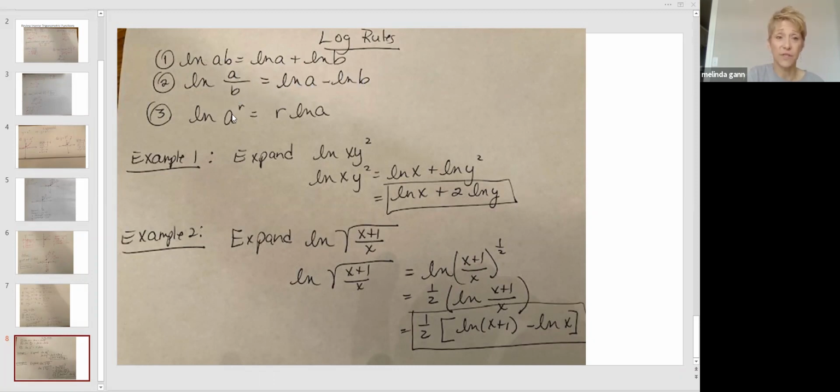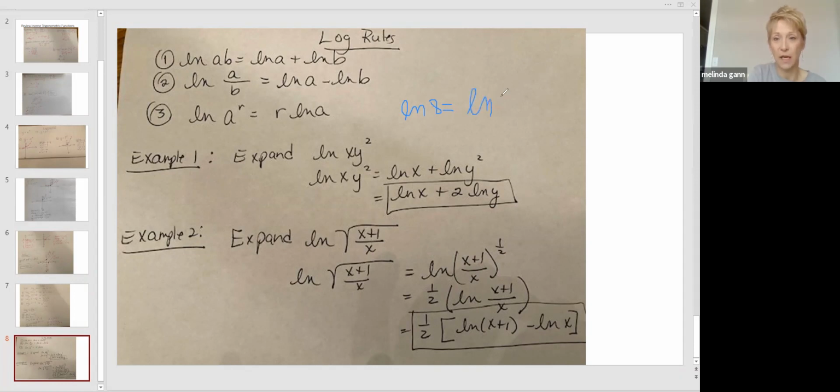If you have the natural log of something to a power, this tells you can pull that number in front and get the same answer. So that would be something like this. That might be useful sometime. And again, you can take your calculator and verify it if you need to. Do we agree that 8 is the same thing as 2 cubed?